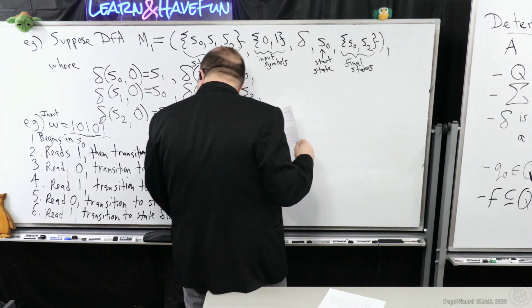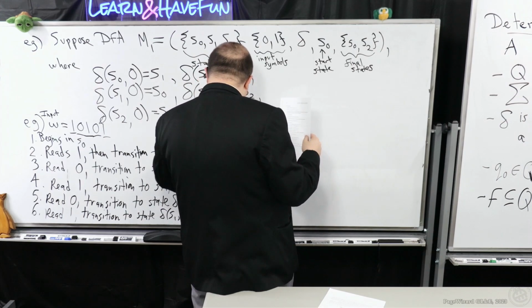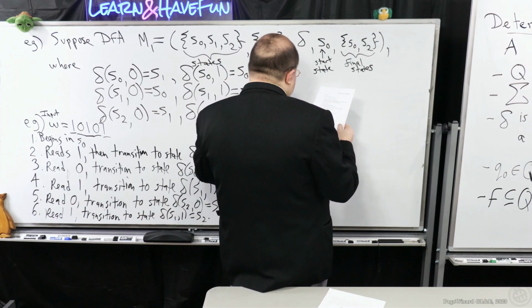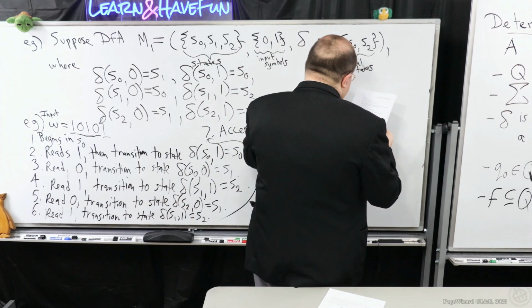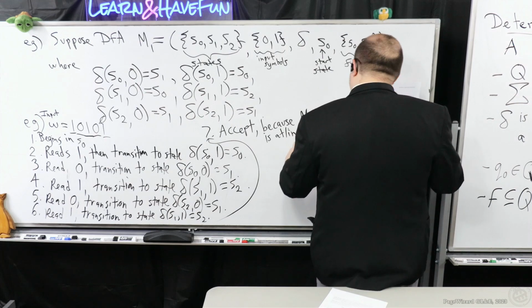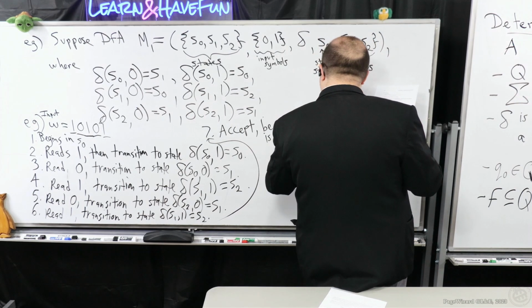So finally, I'll throw step 7 up here. Step 7, it accepts because M1 is at or in state S2, which is a final state.